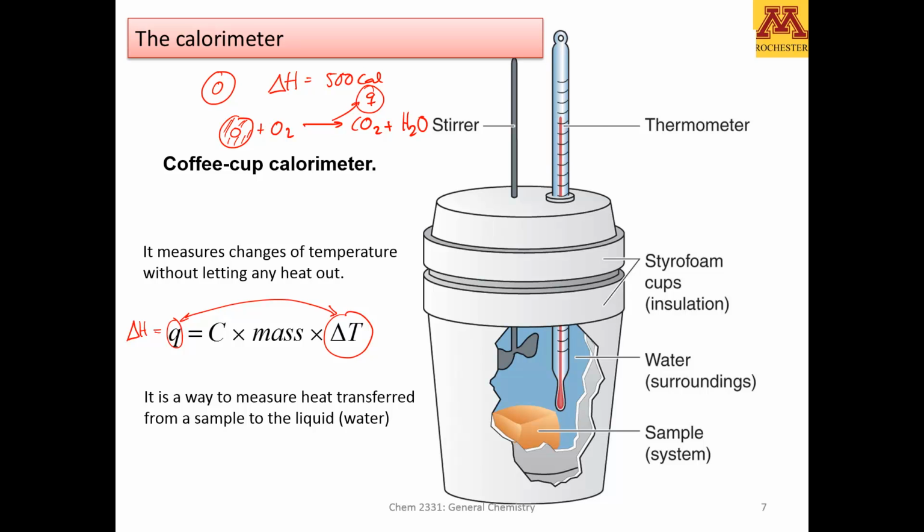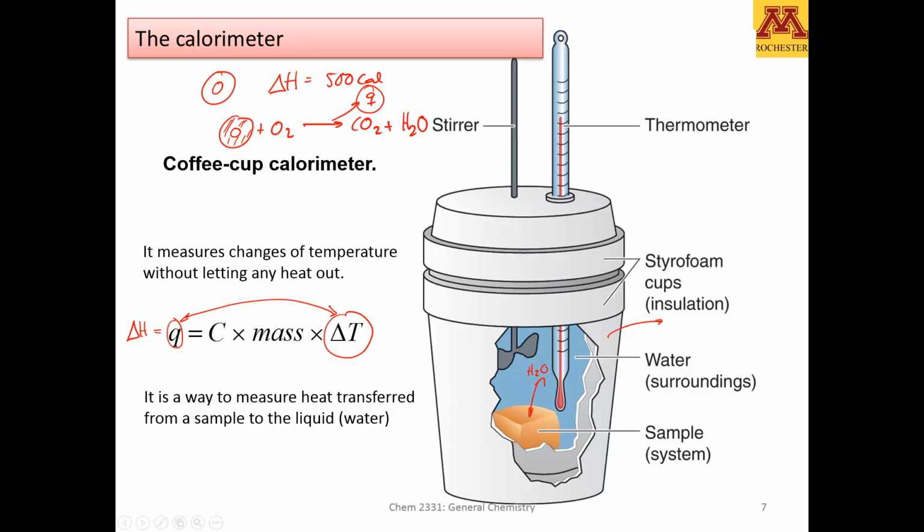So in this case, the most simple calorimeter is the coffee cup calorimeter. You just have a styrofoam cup that you cover, you put water in it, you put a thermometer, and it tries to keep the heat from going off. So the exchange between your sample, in this case it cannot be the donut because it would not burn underwater, but it's a sample, and in this case it's water.